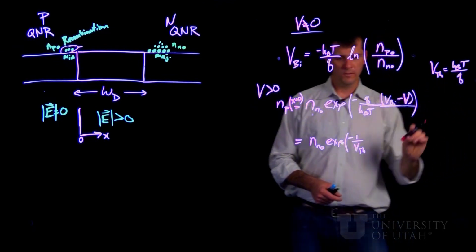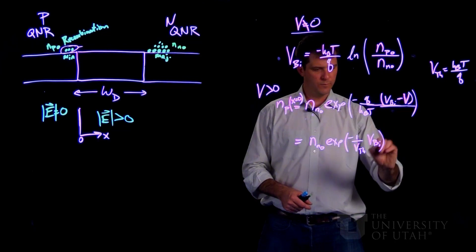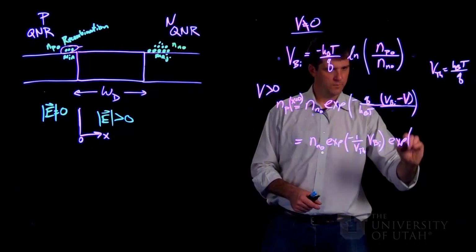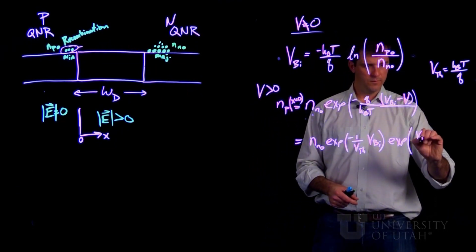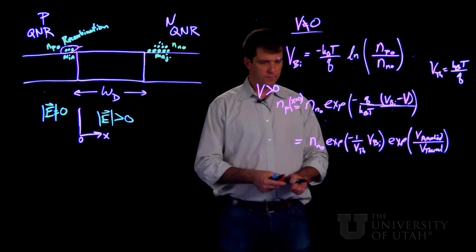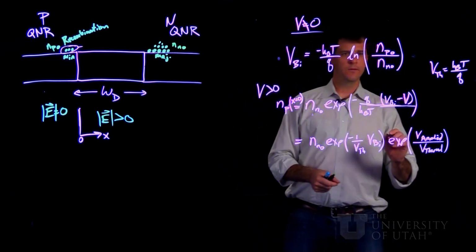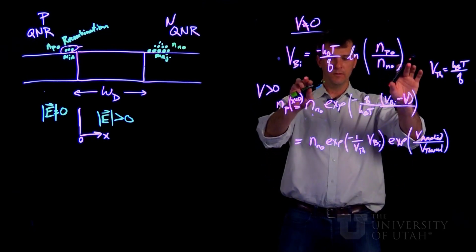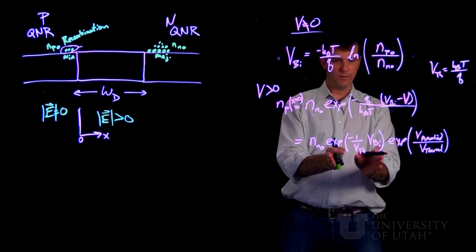So this is our thermal voltage times V built-in, and then this is exponential to the V applied. Now what we can do is a little switcheroo here, and we can use the relationship up here to substitute for this part of this expression.